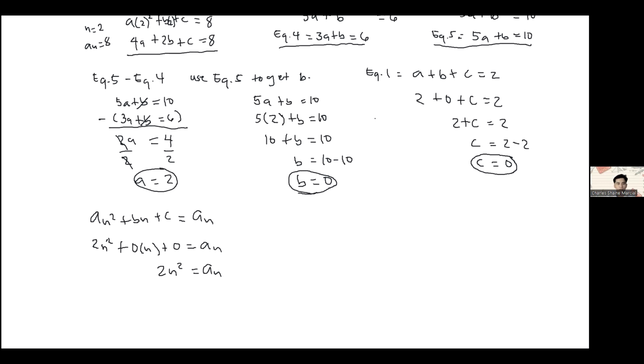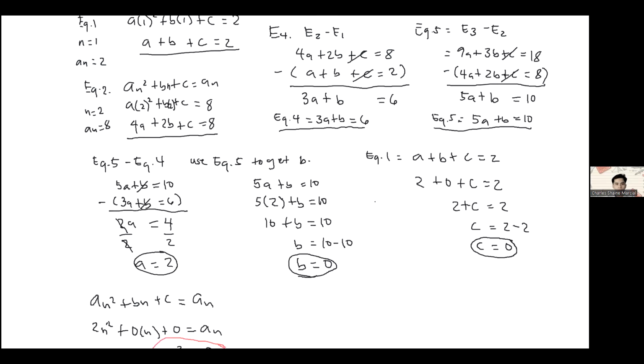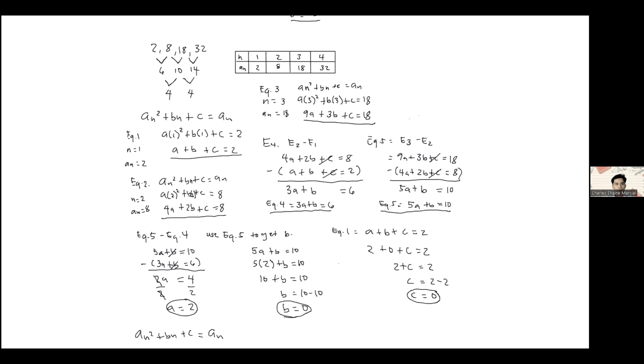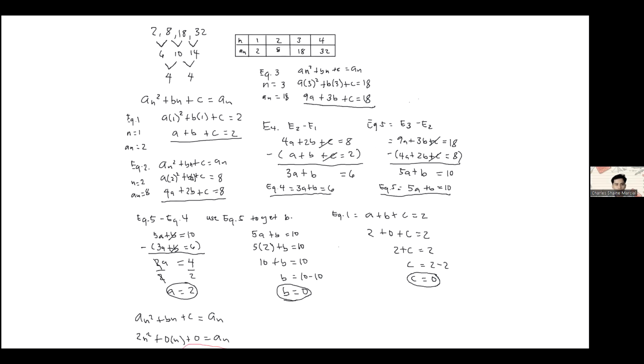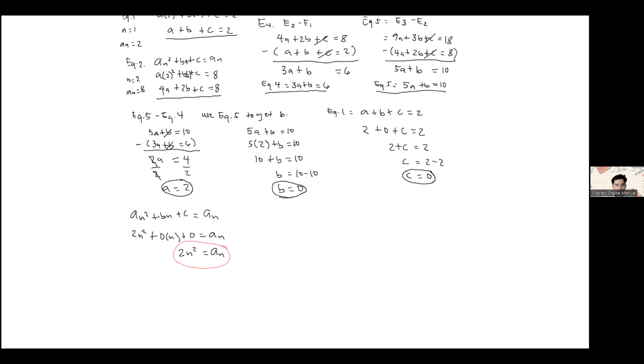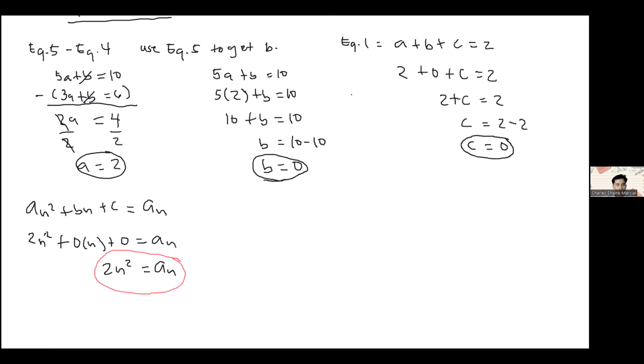Opo, ito na yung general term ng arithmetic sequence na 2, 8, 18, and 32. Alright? So we have the general term A sub N is equal to 2N squared.